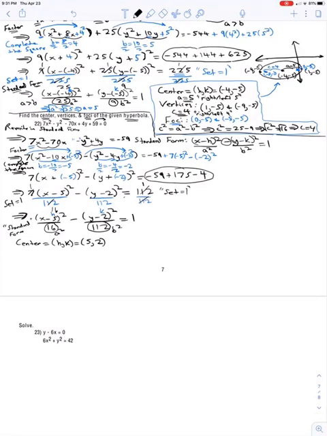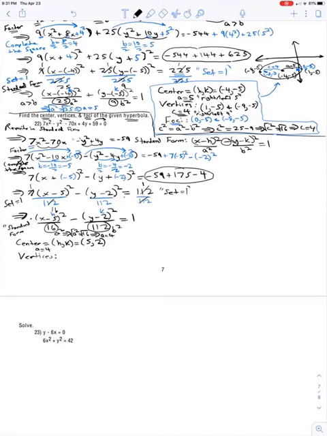So it's centered at 5, 2. And then our vertices, for which we need the value of a. Remember a squared, let's go ahead and find that. a squared equals 16, so that implies a equals 4.